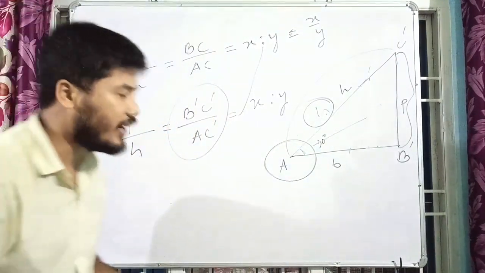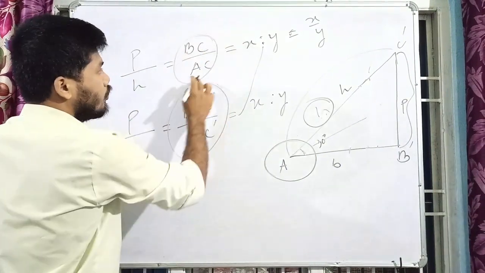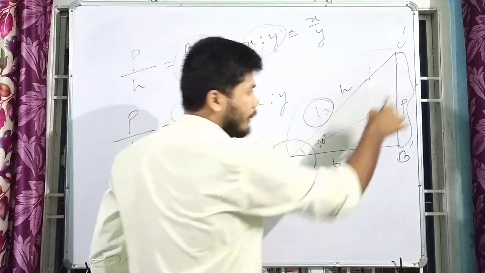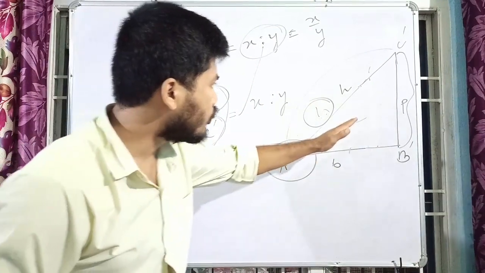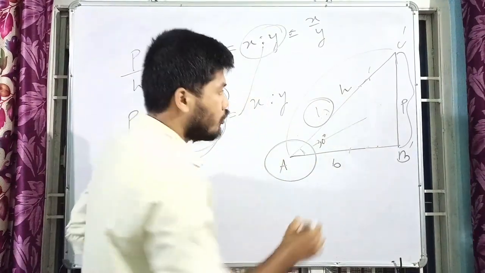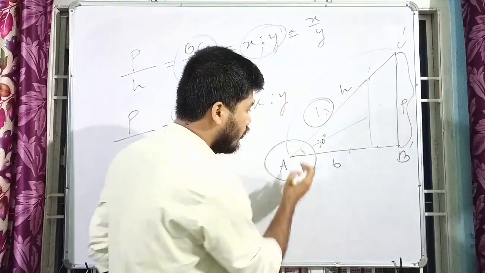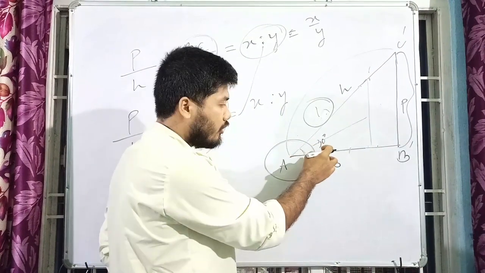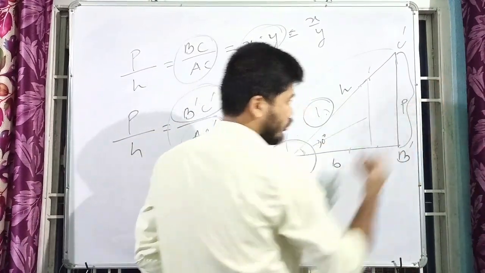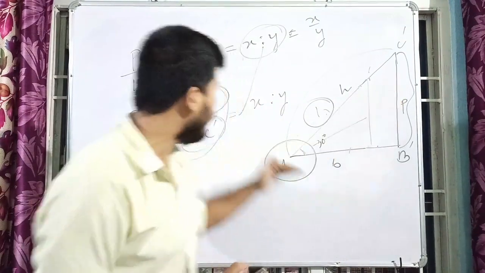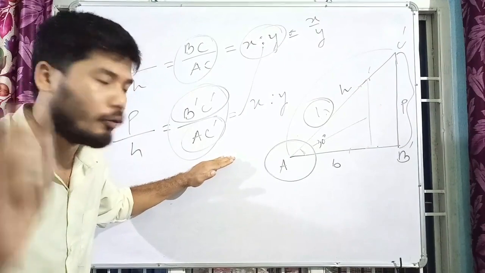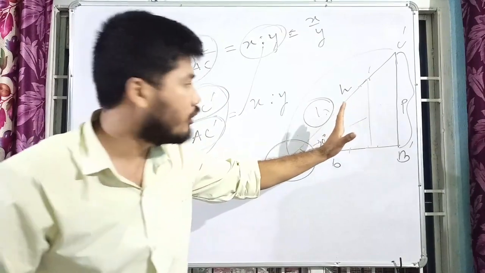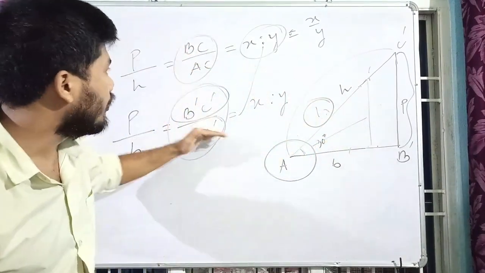That is very interesting, right? BC by AC gives a result, and B dash C dash by A dash C dash gives the same result. I am keeping the angle fixed, but if you increase or decrease the side, the ratio remains the same for a particular value, say 30. This is experimentally proven, so I am not going to prove it to you, just remember it.